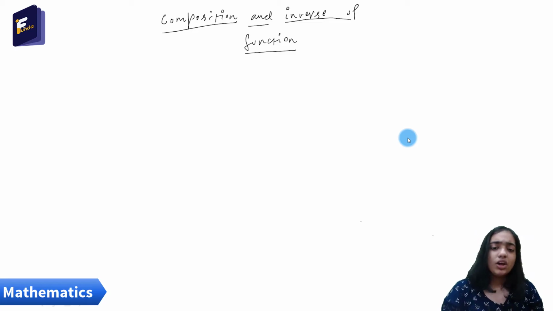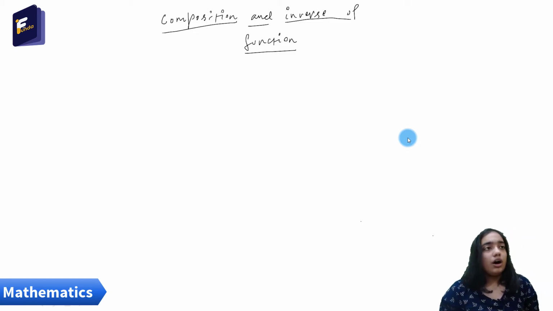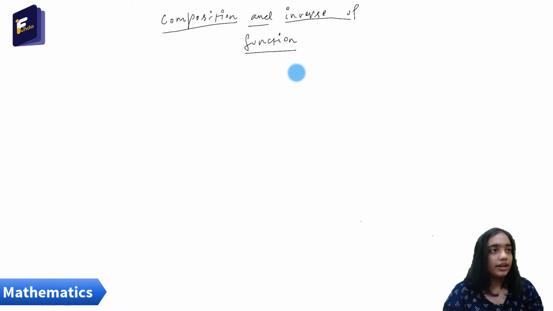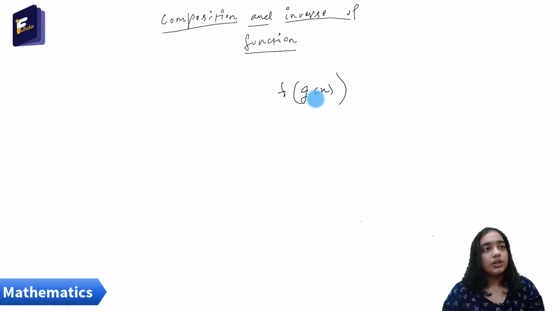So how do we represent it? We represent it like this: f of g of x. Here x is the input to one function, and g of x is the output of that function.